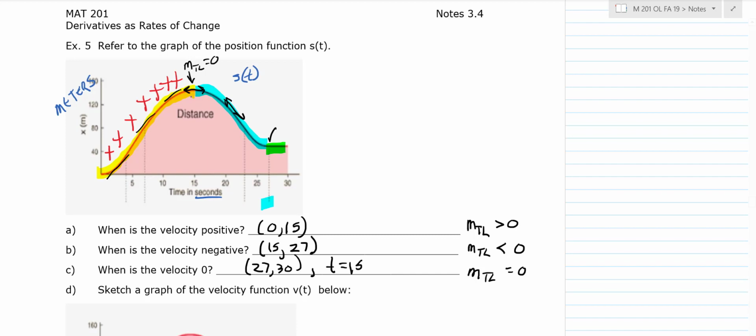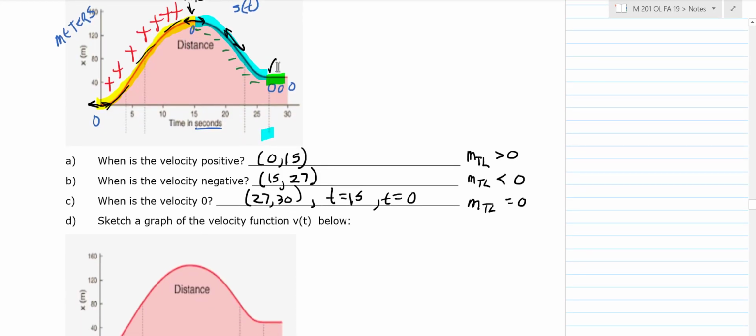Kind of hard to tell here, but it's probably the slope of the tangent line at 0 is also 0. So we could also say at t equals 0. Then you would have a negative velocity in there, and a 0 velocity when you get there. So 0 velocity there, 0 velocity there. Okay, so that's how you do that.